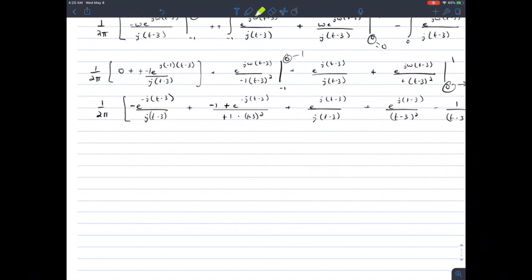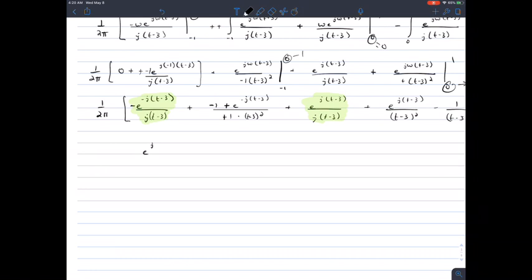Okay. So as you can see, when you try to group those two, that's going to make a sine. Okay?